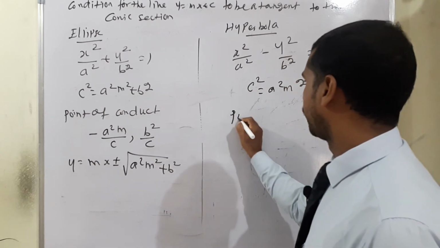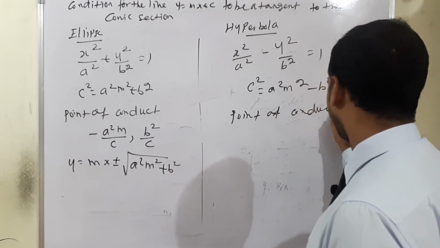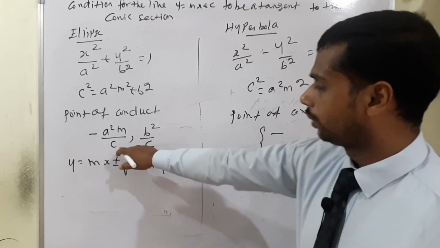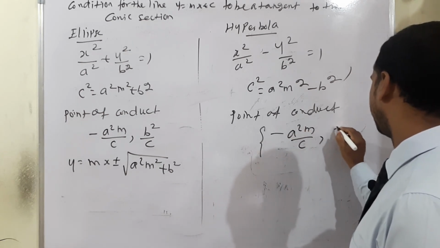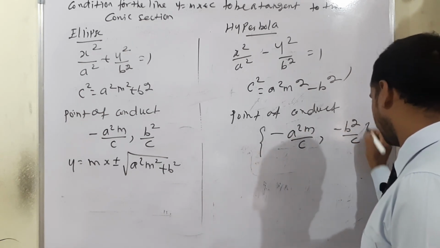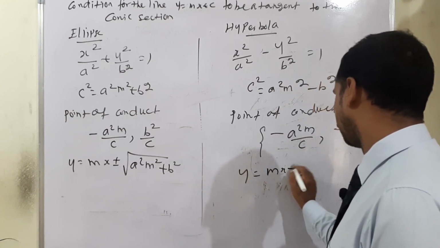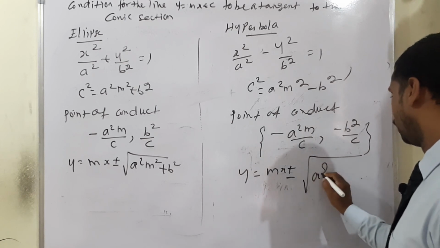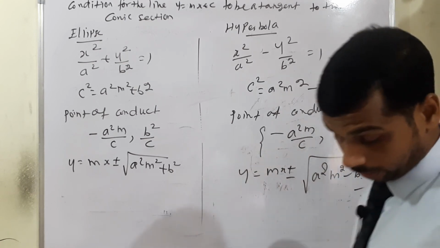The point of contact is the coordinate point negative a square m by c and negative b square by c. The tangent line is y is equal to mx plus or minus square root of a square m square minus b square.